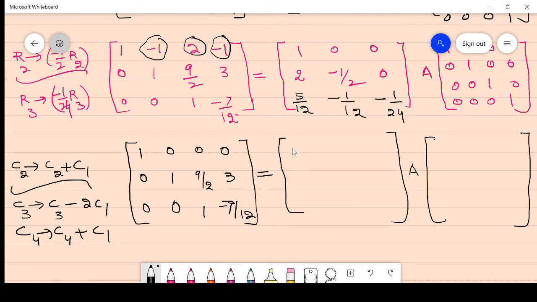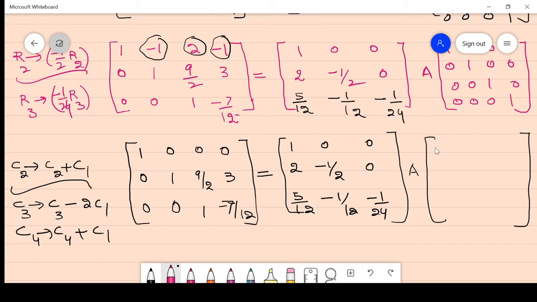So this will be the same: 1 0 0, 2 minus 1 by 2 and 0, 5 by 12, minus 1 by 12, minus 1 by 24. So these values are now from this.